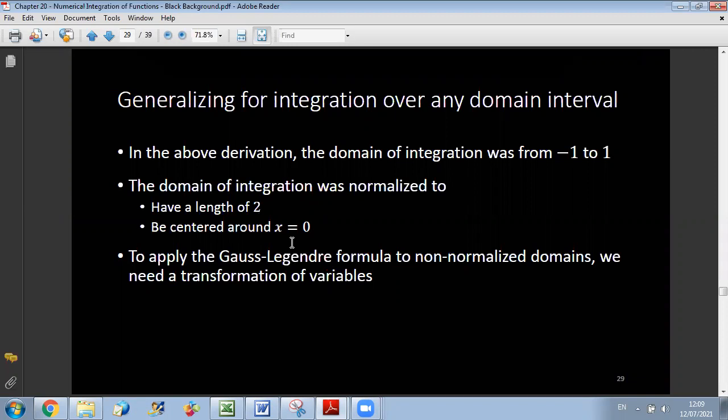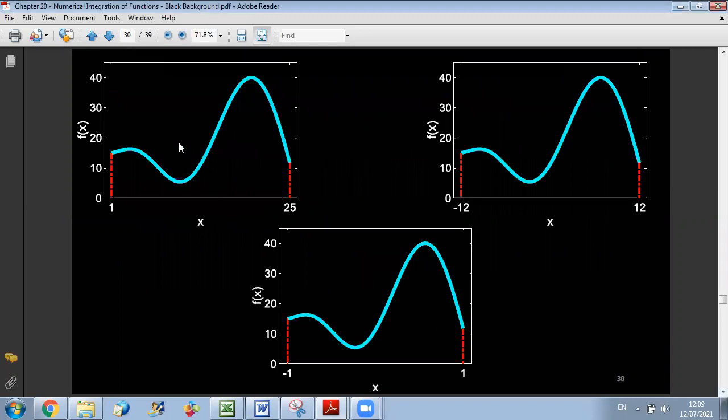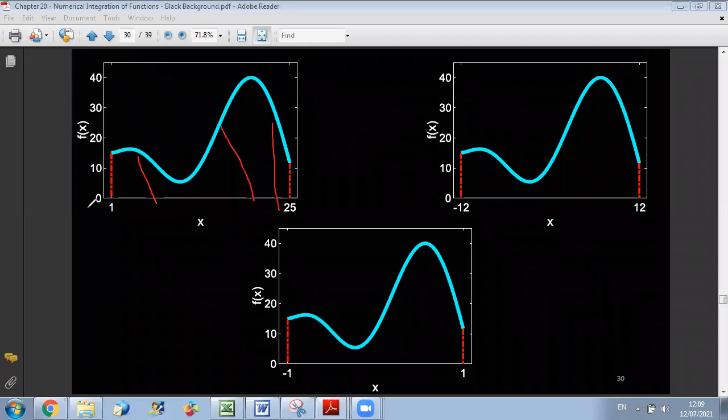So if you want to apply a Gauss-Legendre formula to non-normalized domains, we need to do a transformation of variables. How is this possible? It's simple. If we take this example here, we want to find the integral of f(x) over this domain. The length of the interval is 25 minus 1, which is equal to 24.